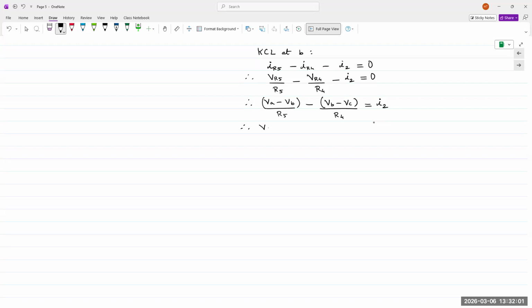Plug in all the known values at this point. VA and VB are unknown, so that stays as they are. R5 is 1666.667. VC is 0, so VB minus 0 divided by R4. R4 is 2 kilo ohms, so 2000.